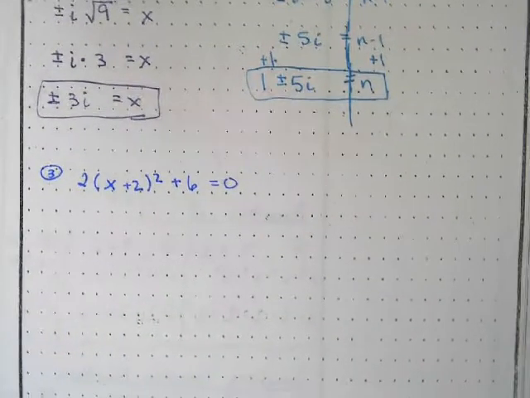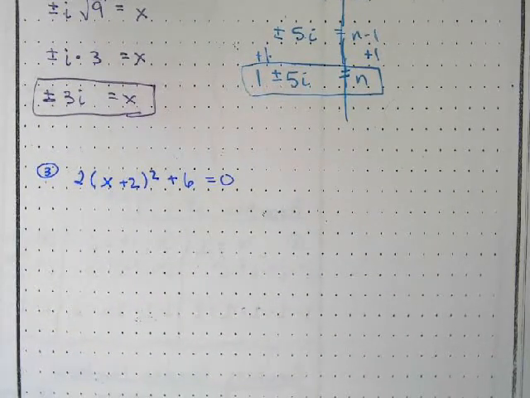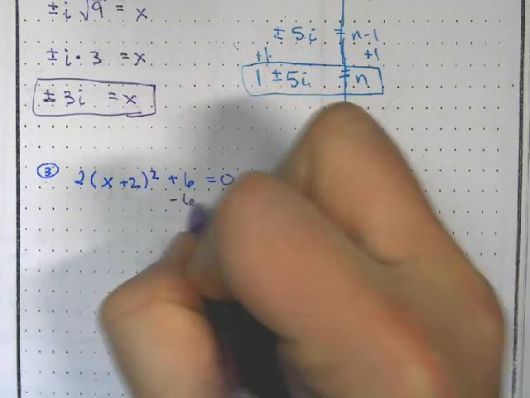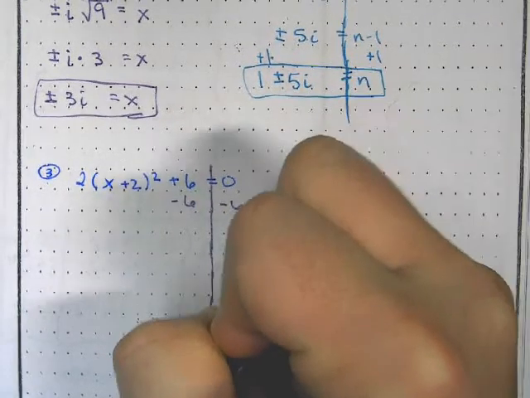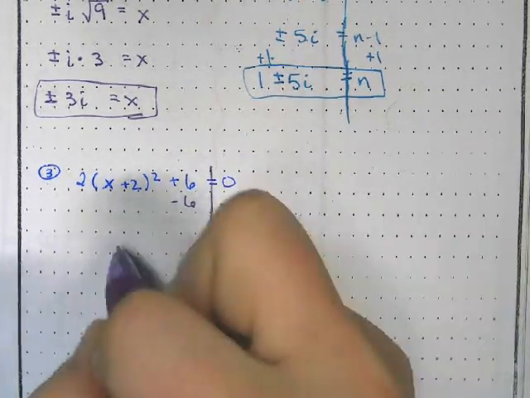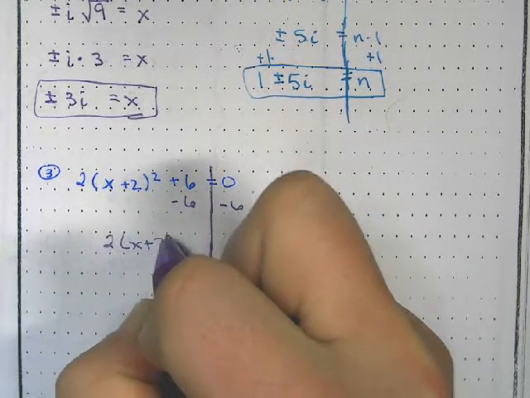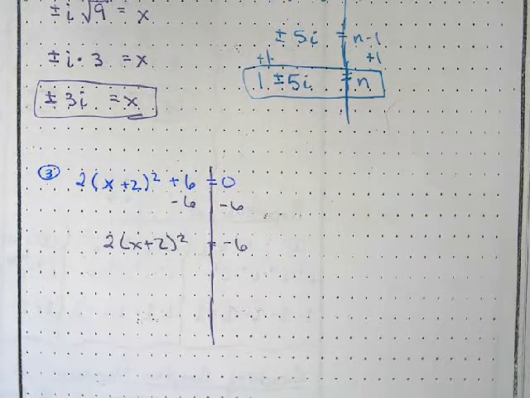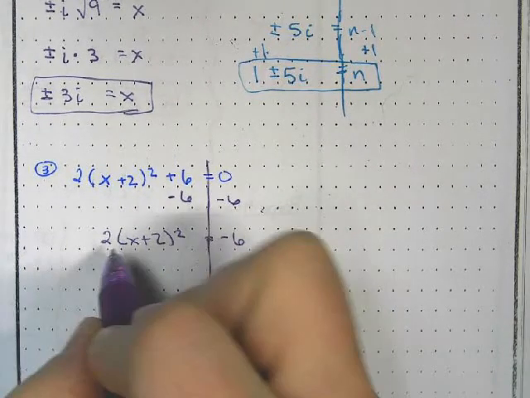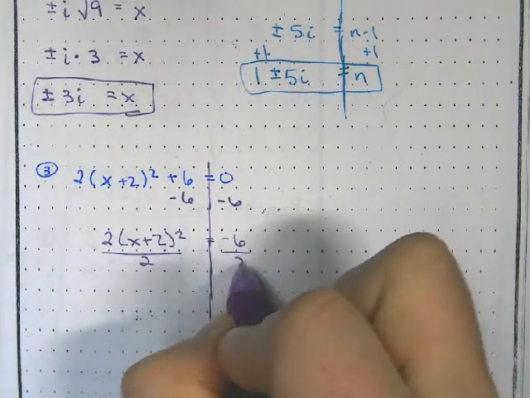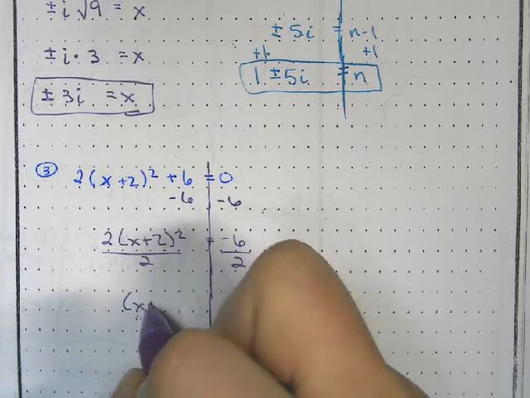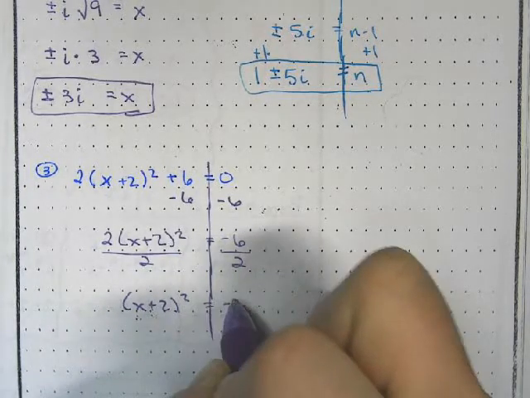So let's isolate the square. So we'll subtract 6 from both sides. So now I have 2 times (x plus 2) squared equals negative 6. We'll divide both sides by 2. And we get (x plus 2) squared equals -3.